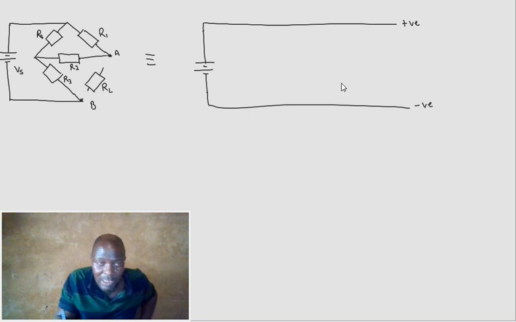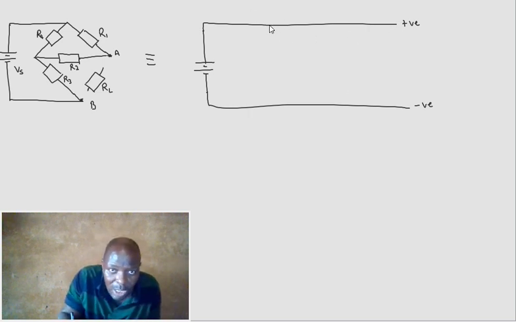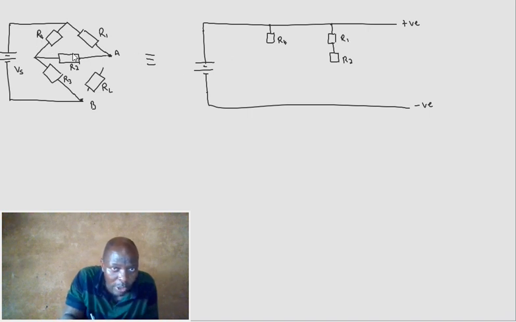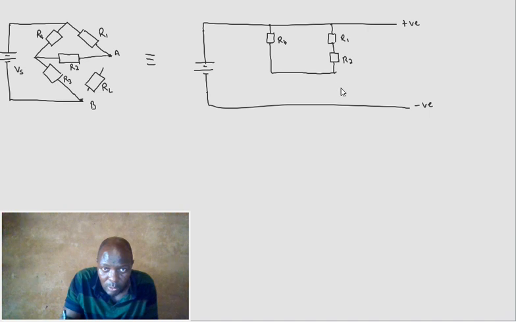So from the positive, we now have R4 coming down, and we've got R1 also coming down, and then R1 is continuous with R2, and they join on the other side with R4.